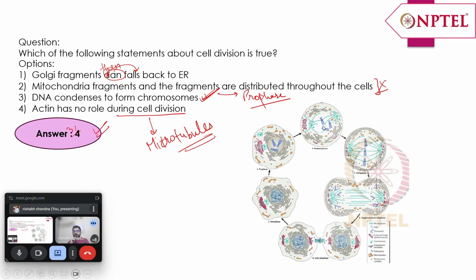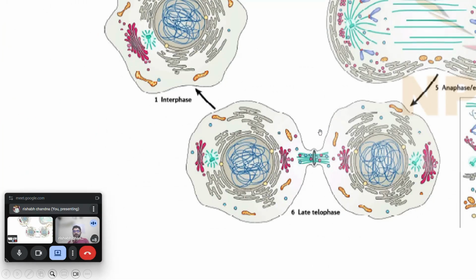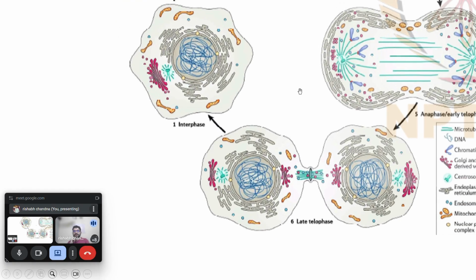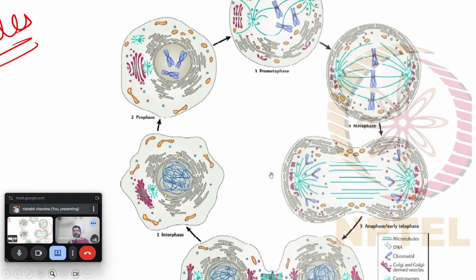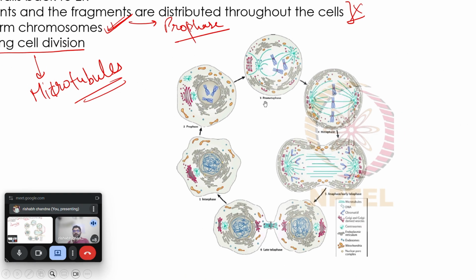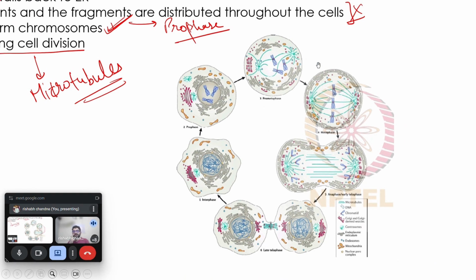So basically, I am zooming in, and this is explaining how the division takes place in different organelles. Because not only the DNA or the centrosome divides, but the different organelles are also duplicated.